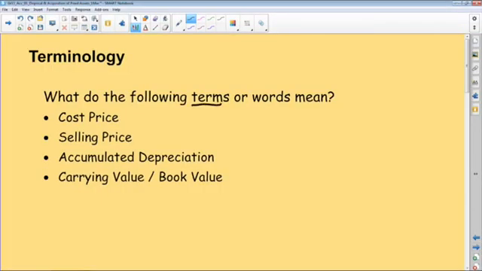Right, we're looking at cost price. We're also looking at your selling price, accumulated depreciation, and here remember, when we talk accumulated depreciation, we're obviously looking at accumulated depreciation on vehicles or accumulated depreciation on equipment.